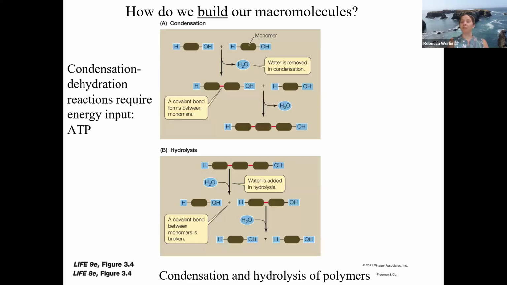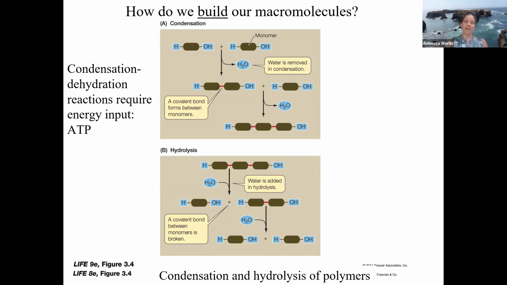And then you have hydrolysis: hydro, water, and lysis, breaking. In hydrolysis, you bring water in to remake that hydroxyl group and that hydrogen and break apart that covalent bond. An enzyme is a protein that can do condensation, take water out and make that covalent bond, or a different enzyme, or sometimes the same enzyme, can also do hydrolysis and take in a water molecule and break that covalent bond.